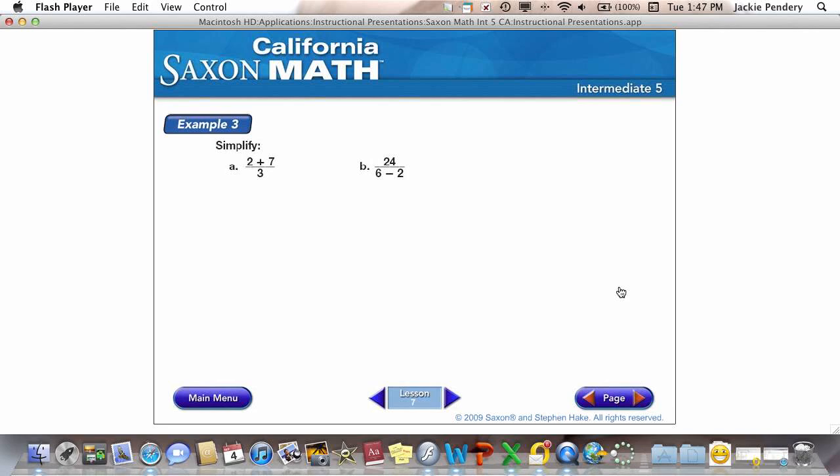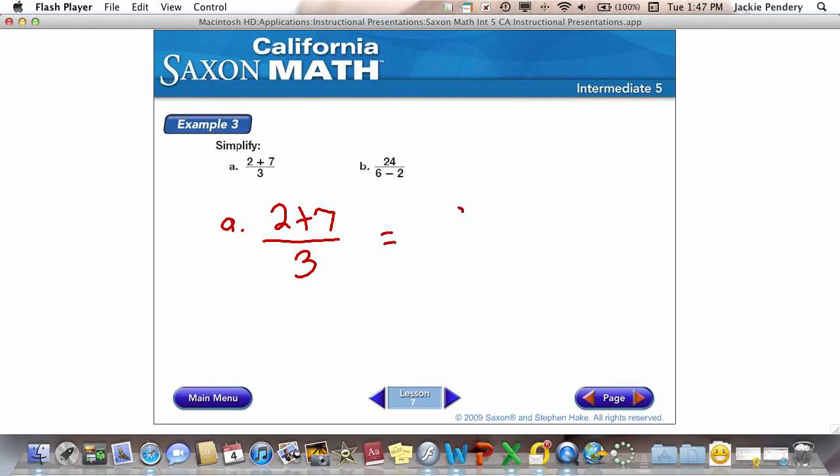Okay, with example 3, remember that this sign right here means division. Okay? Whenever you see what looks like a fraction sign, you're actually going to divide. But this one's going to work a little bit differently. So we have problem A, 2 plus 7 over 3. Well, in order to solve this, I need to add the 2 plus 7 first.